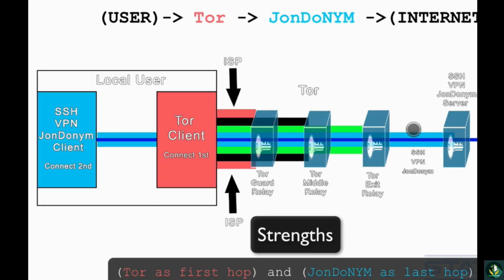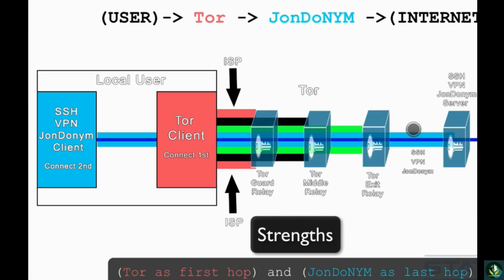Between these two layers, the Tor exit relay and the SSH, VPN server, the Tor traffic is stopped, and cannot reach its destination, if Tor is first hop and SSH VPN is last hop.